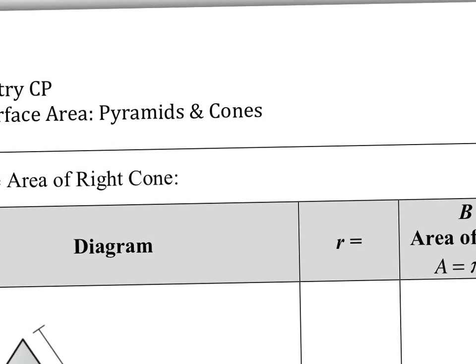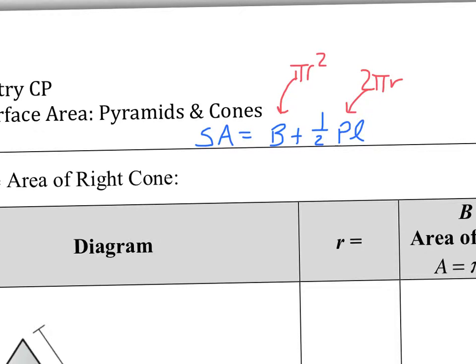Let's refresh that the previous one we looked at, for surface area of a pyramid, was this. Surface area is equal to the base plus 1/2 PL. Now what we can do is we know that the area of a circle is pi r squared, and we know the circumference of a circle is 2 pi r.